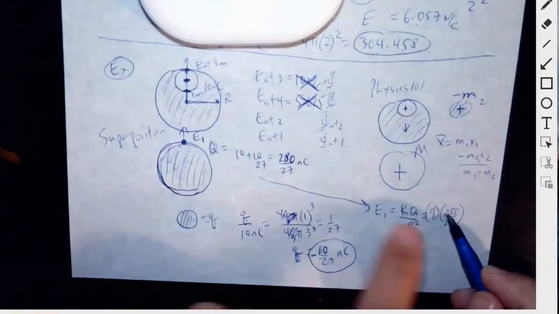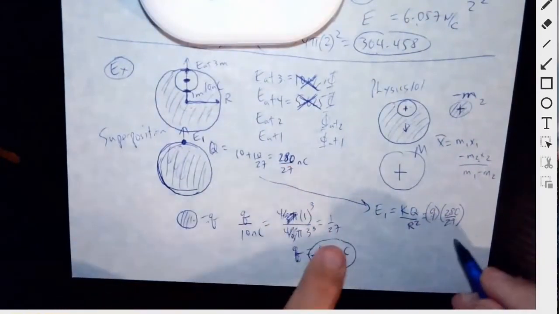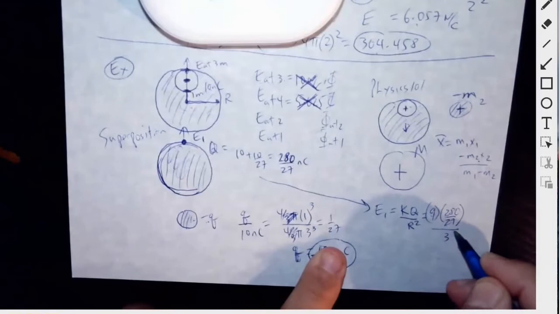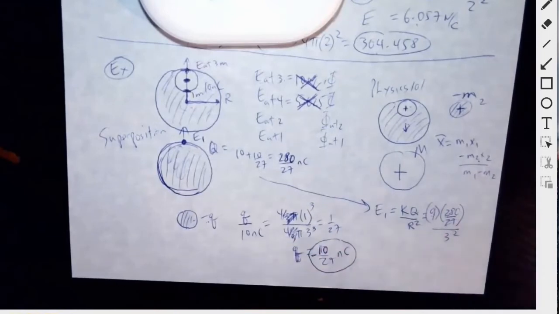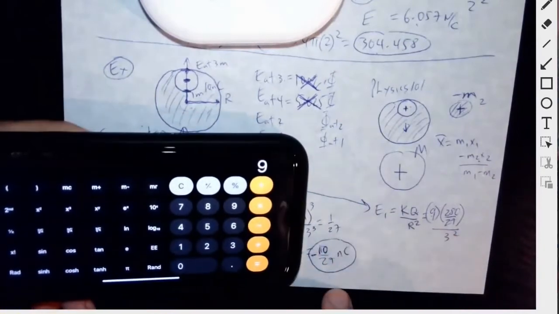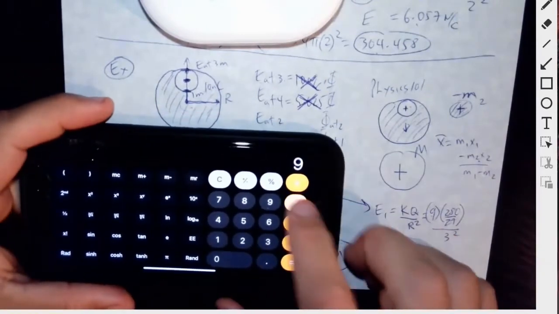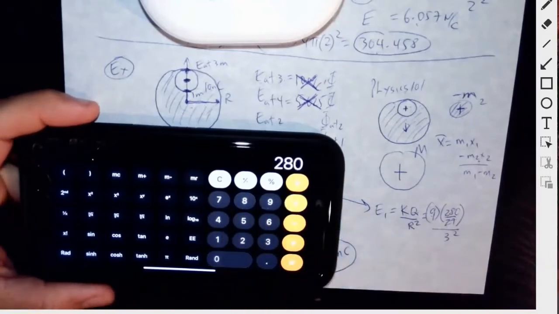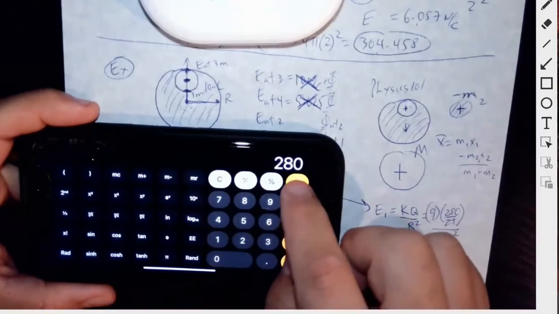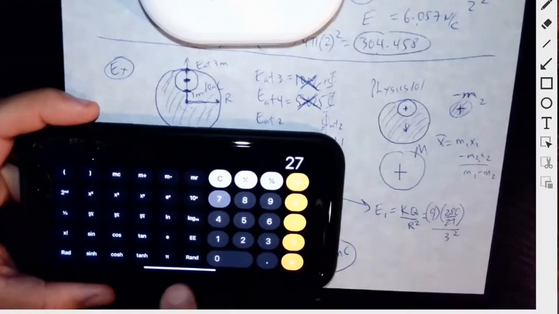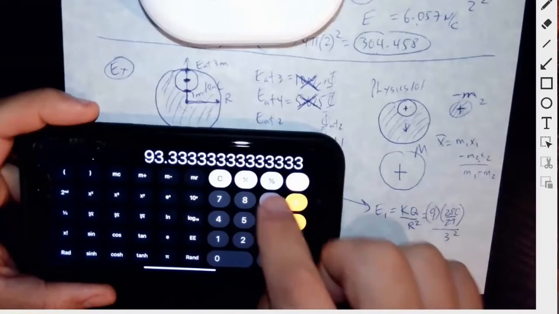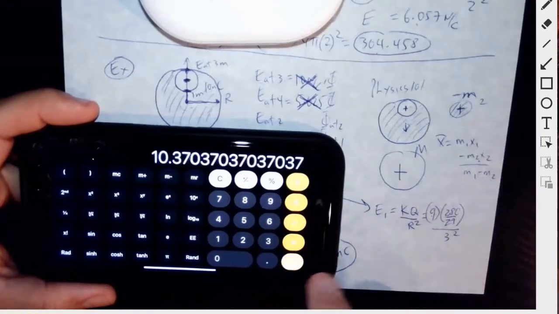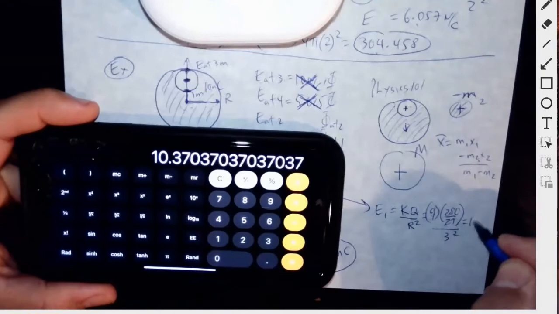So 9, this is the total charge over 27, and then the radius is 3 meters squared. Okay, so then that's the electrical field. 9 times 280 divided by 27 divided by 9 is 10.37.